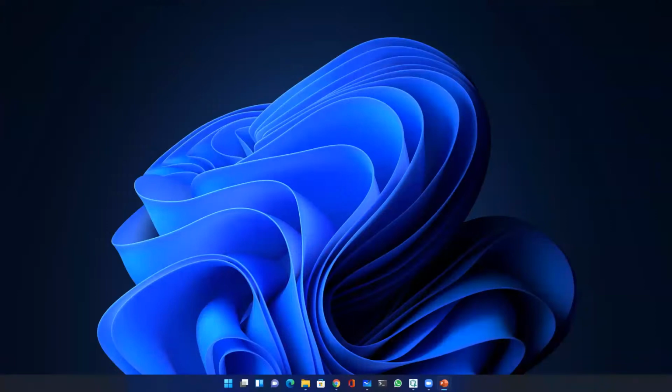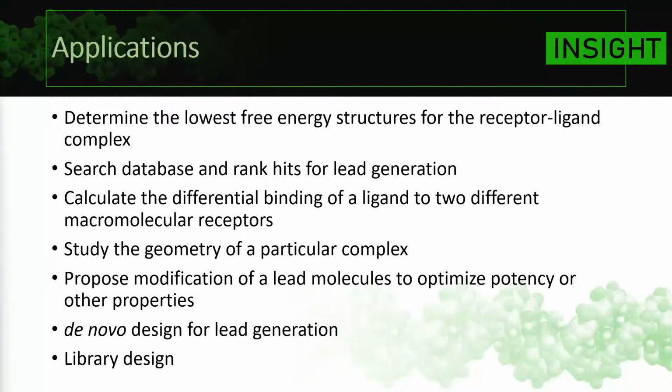Molecular docking has been around for some time, and its applications range in a variety of ways across many domains of the biological and biochemical sciences. The basic application I already told you: the goal of molecular docking is to determine the lowest free energy structure for the receptor and ligand complex, to understand in which form the two molecules will interact so as to have the lowest energy of binding.